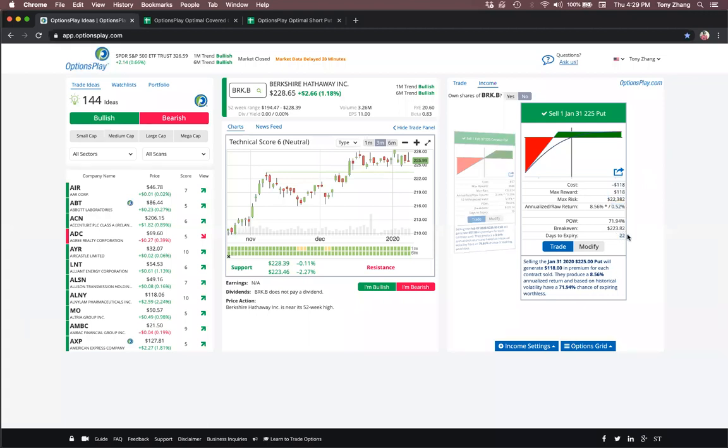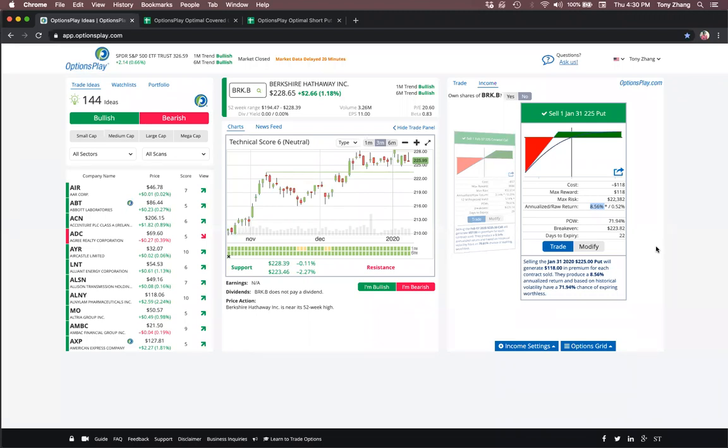So in the next 22 days, if the stock goes below 225, you will be able to buy it with a 0.5% discount, and $118 discount for every 100 shares. And even if the stock doesn't decline to 225 and this put expires worthless, you've yielded 8.56% yield on your cash, because $118 out of $22,382 over the whole year, once you annualize it out, is 8.5% yield on your cash.